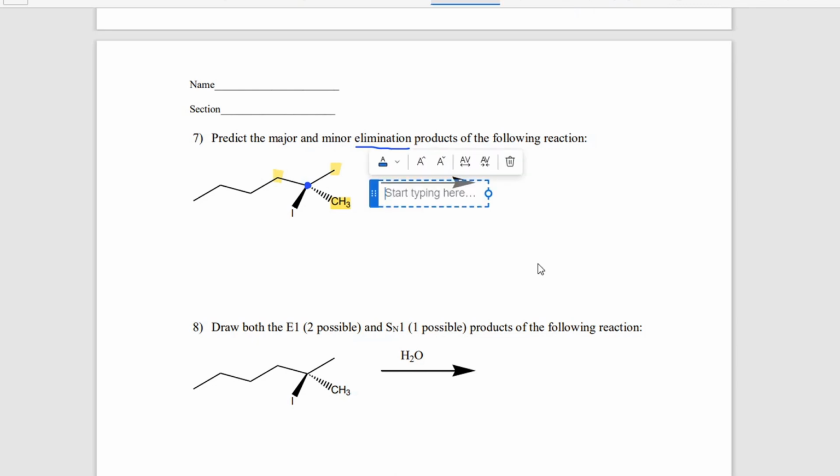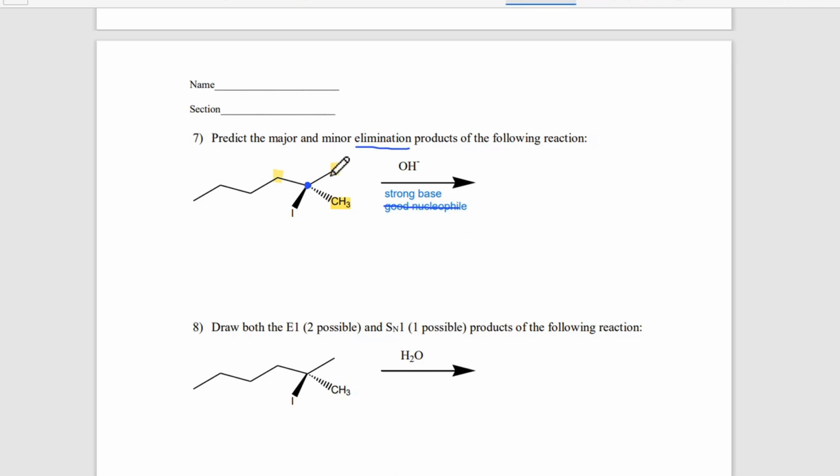Yes, so this is a strong base. And is it a good nucleophile? Yes, it's a good nucleophile. But in this case, because you have a tertiary leaving group, it doesn't matter that it's a good nucleophile. I'm actually not going to care about that. The fact that it's a strong base means it's going to be elimination.